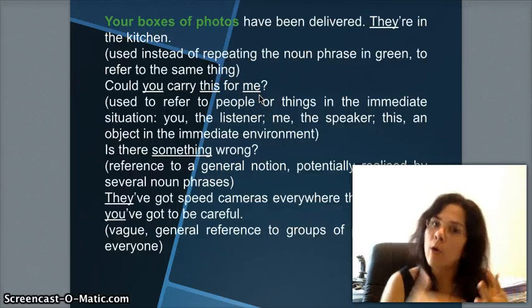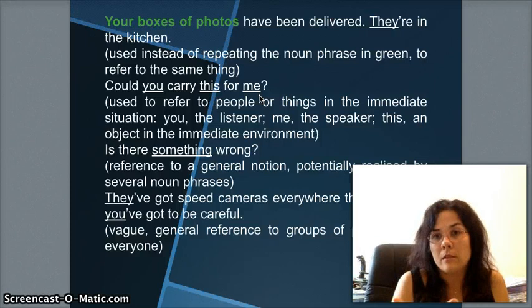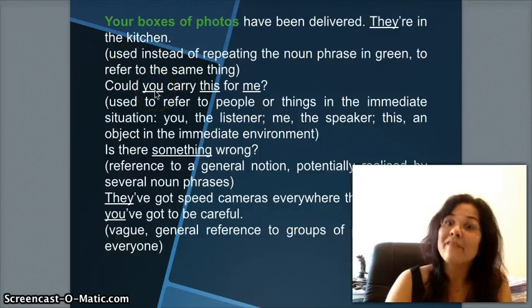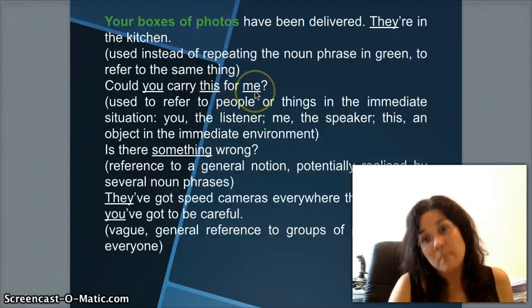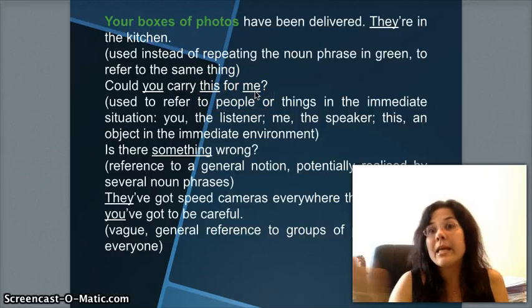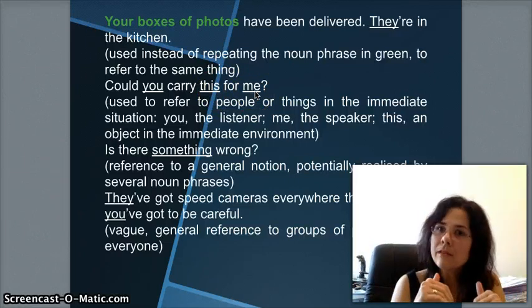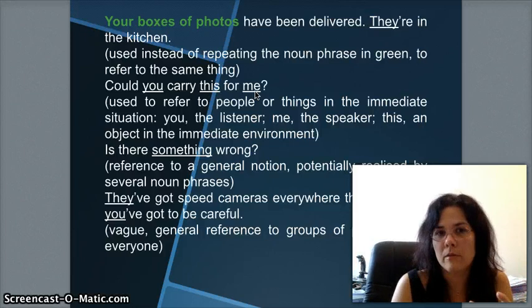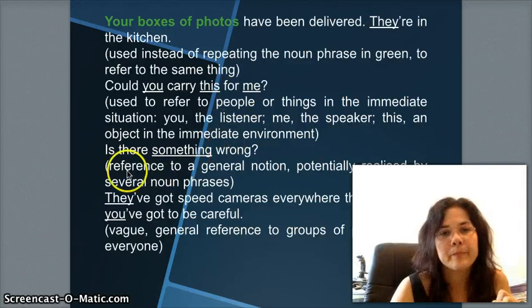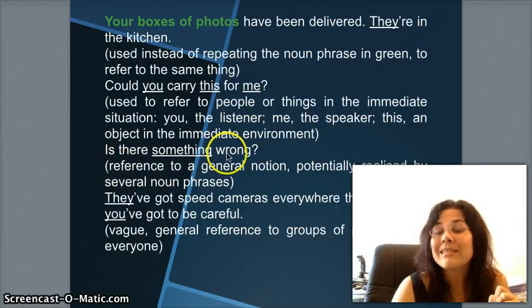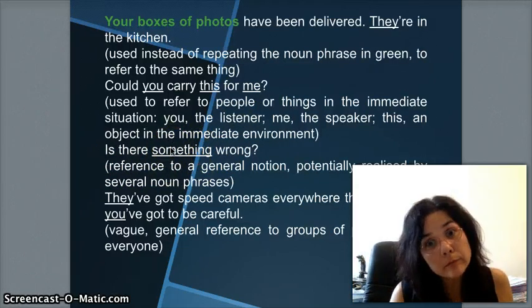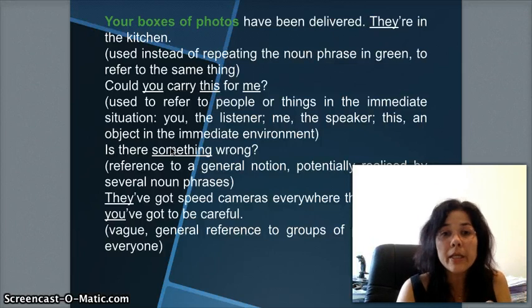So I can only understand the references you, this, and me, because I'm inserted in this immediate situation, this immediate context, okay? When I say, is there something wrong? Something is also a pronoun, okay?